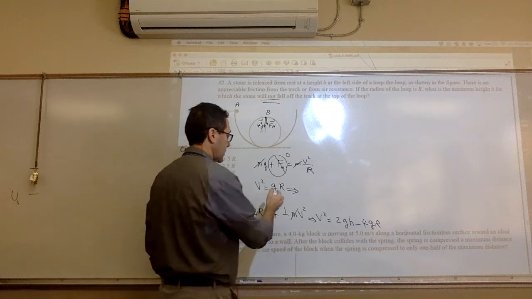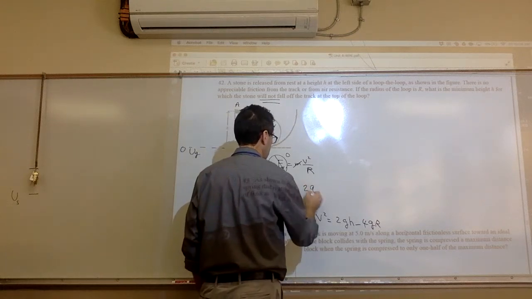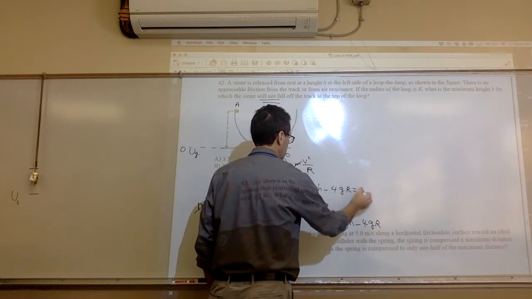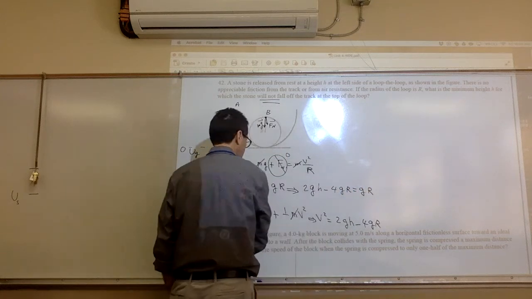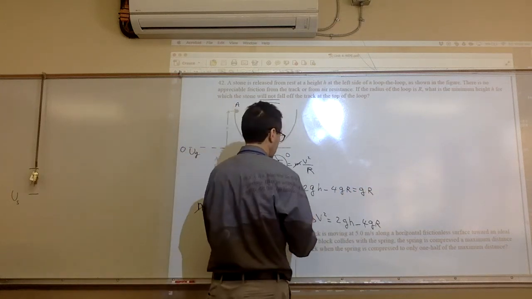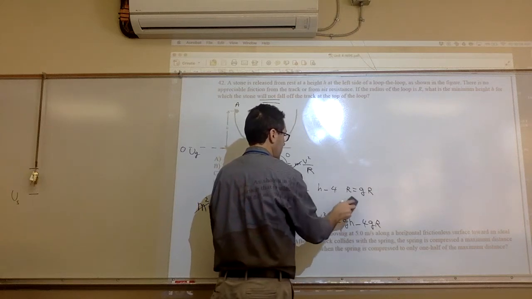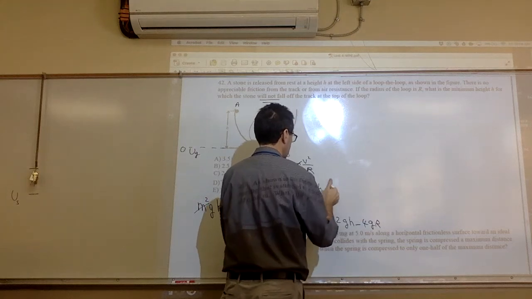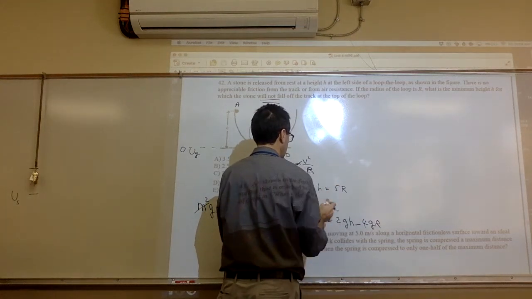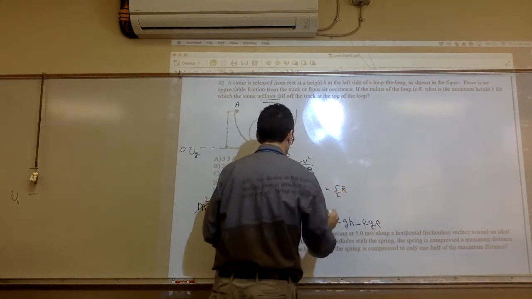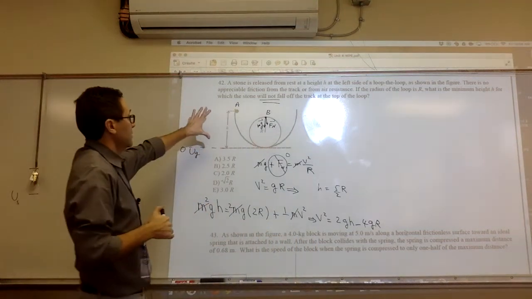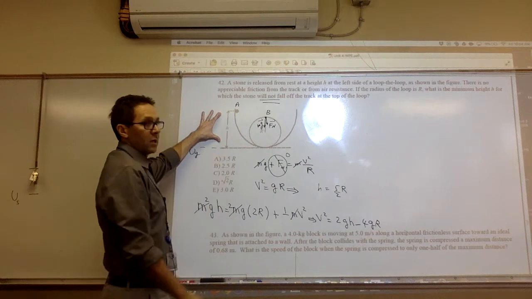So I'm going to come here and say 2gh minus 4gr equals gr. Now I can just divide everything by g, and move this 4r to the other side. So I'm looking at 5r divided by 2. So at 5/2 r, they will fall off.